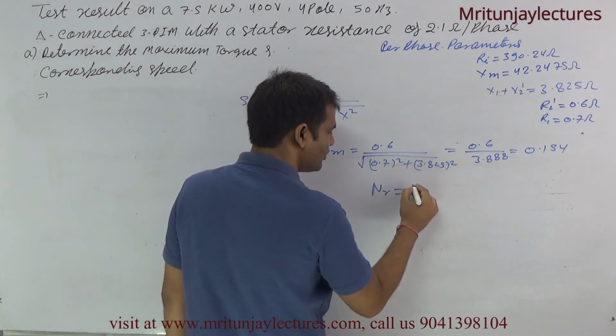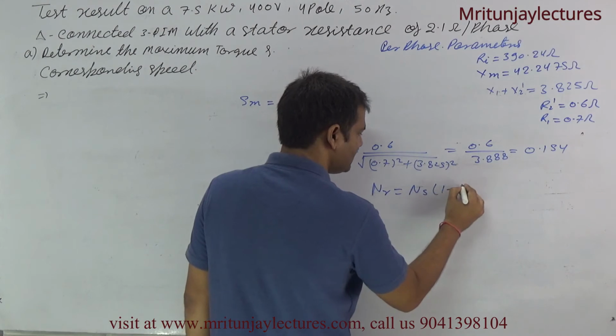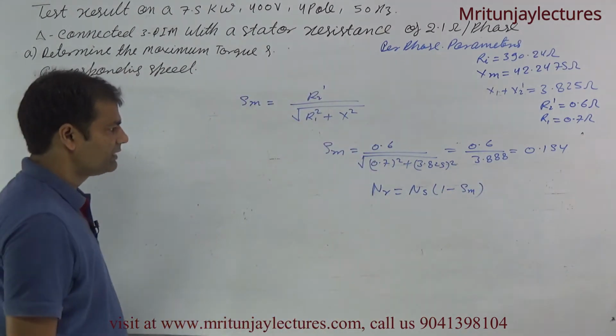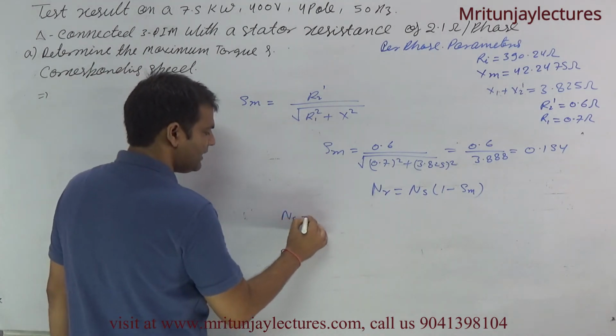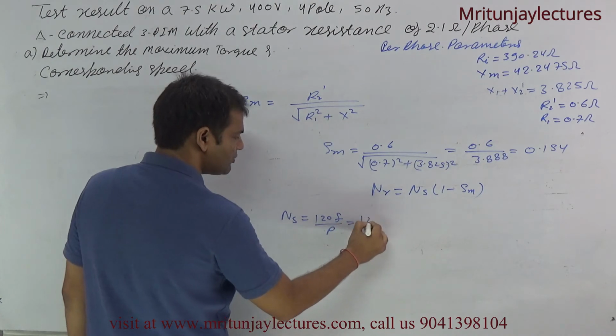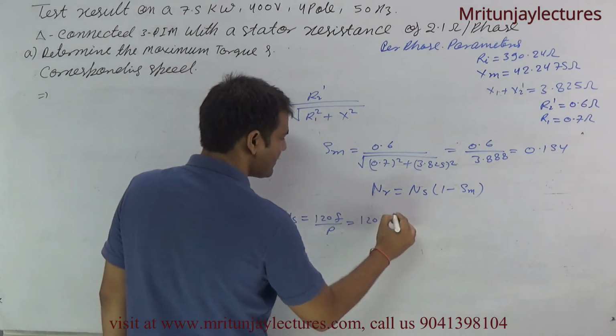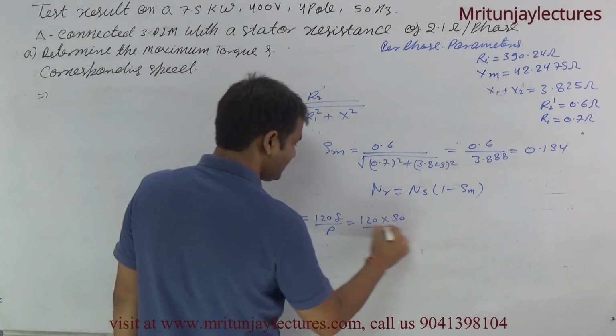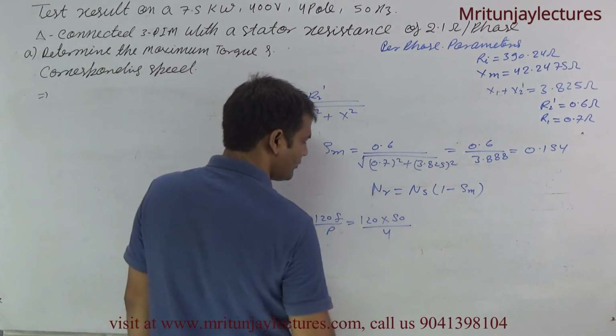Nr will be equal to Ns into 1 minus Sm. What about Ns? Ns is equal to 120 f by p. 120 f means 50 hertz, divided by p, that is 4 pole.